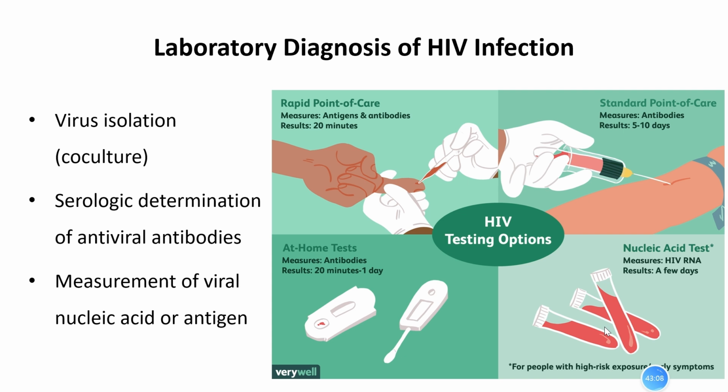But you can also run other ways, like serological diagnosis. Just check the antiviral antibody in the human serum. It's possible. Or you just measure the viral antigen or the nucleic acid in the bloodstream. It's easier. Like you can detect the presence of the structural protein like P24 or P17 in the bloodstream.